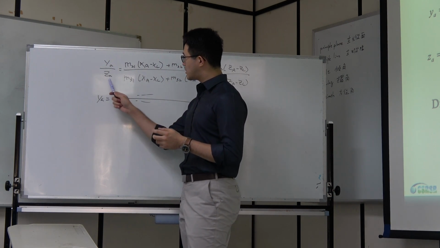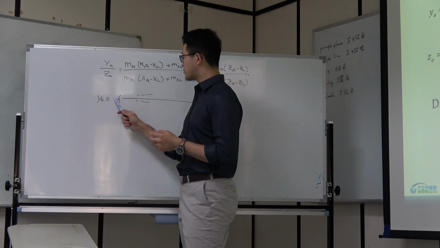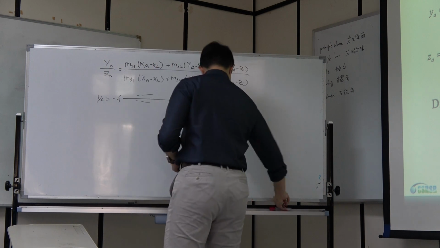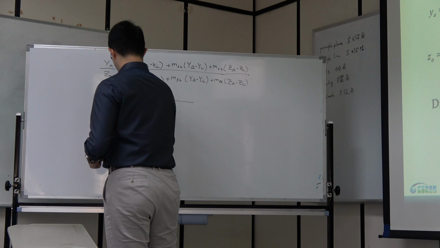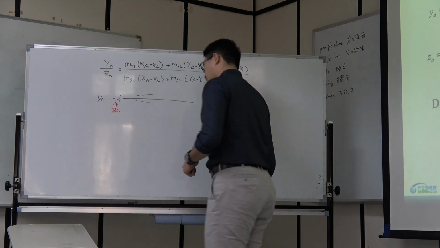As you can see, if we move the ZA to the right hand side, then supposedly here should be ZA, right? And ZA will become minus f. Why?